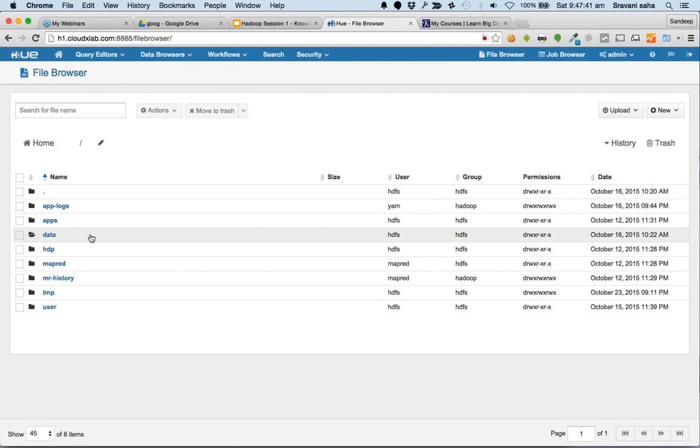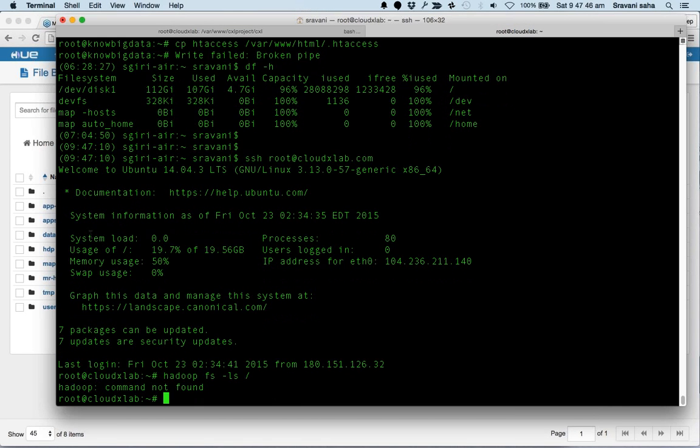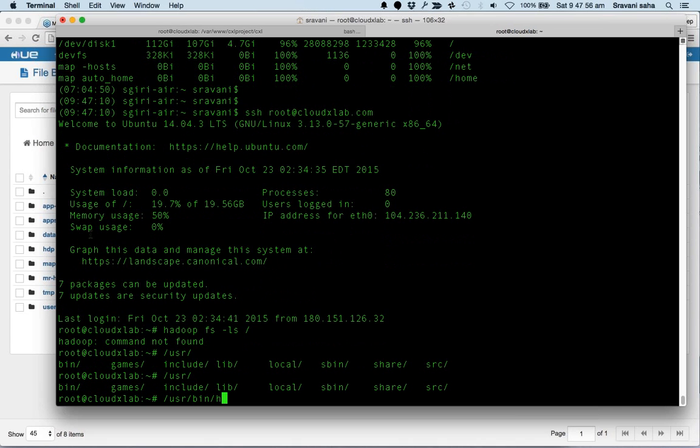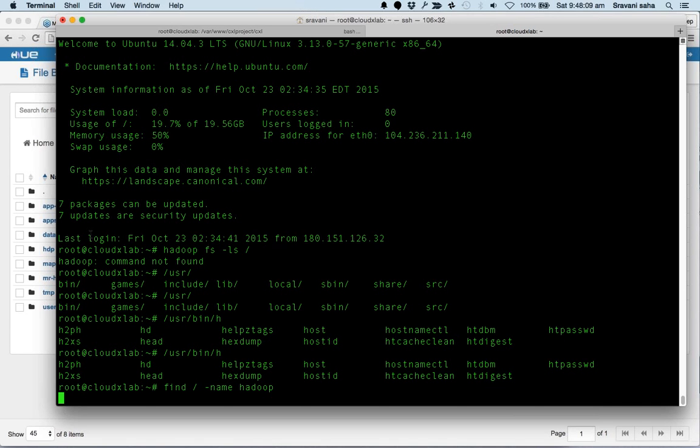Let's see, if I say Hadoop fs -ls /, or user, bin. Let me try searching where Hadoop is stored. Oh, sorry, I'm on the wrong server.